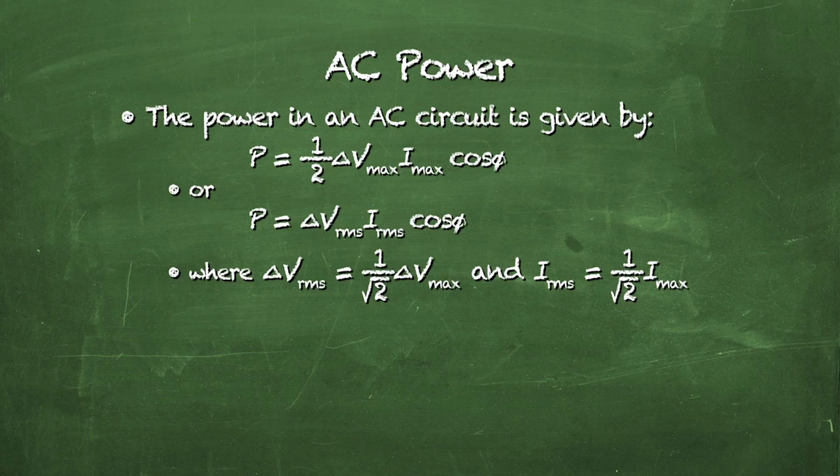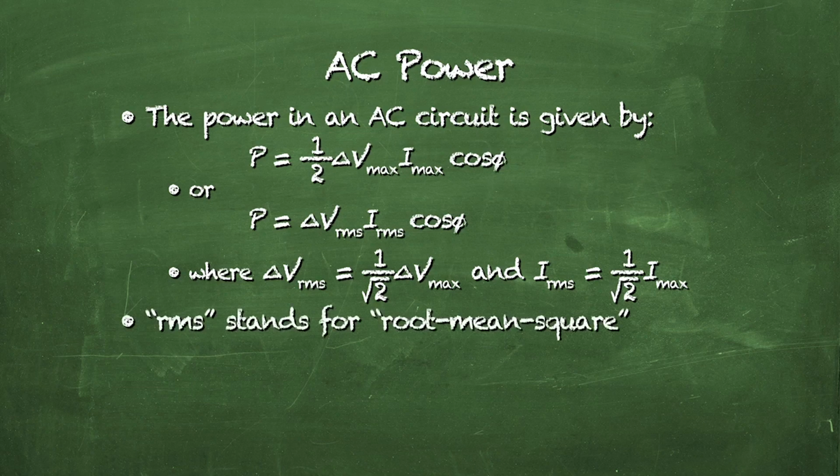You can see that if you substitute in 1 over root 2 delta V max for delta V RMS and 1 over root 2 I max for I RMS, these two equations are the same. You get the factor of 1/2 delta V max, I max out of that. So what is this delta V RMS and I RMS?